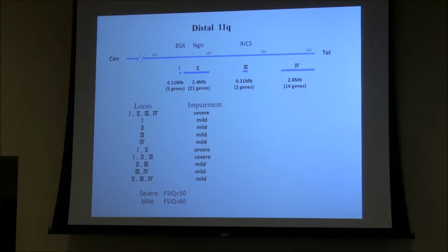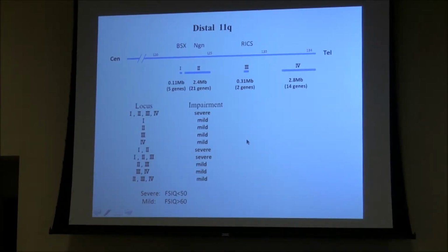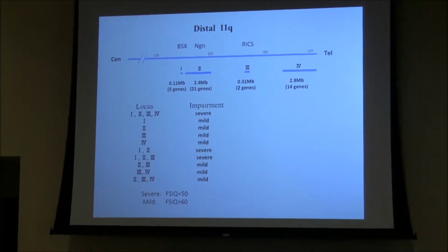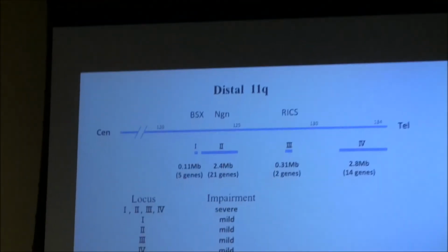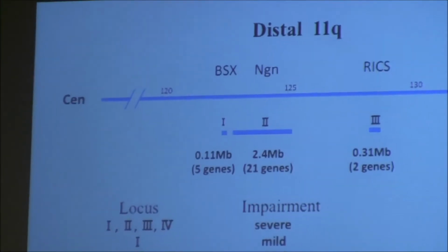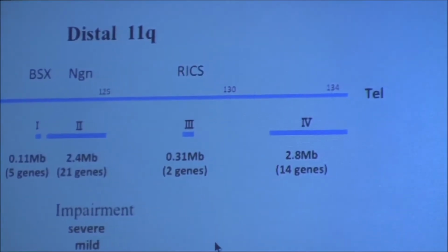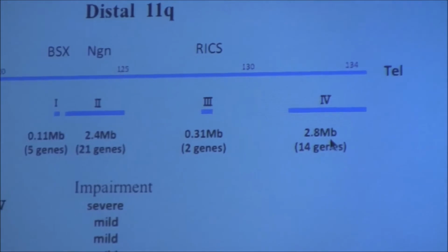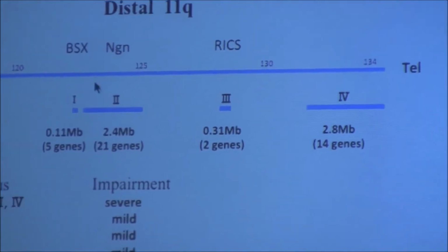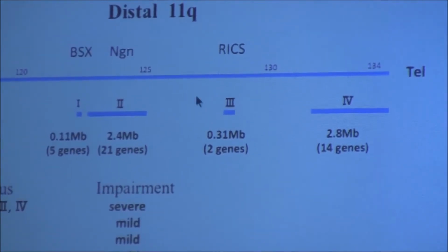The other thing that is now clear is that as the deletion size gets bigger, the degree of cognitive impairment gets more severe. But where we've most recently made some progress is by studying some of the children that have these interstitial deletions. And what we found is that there appear to be at least, and probably more, 4 regions in chromosome 11 that are deleted in some or all of your children that contribute to this overall phenotype.